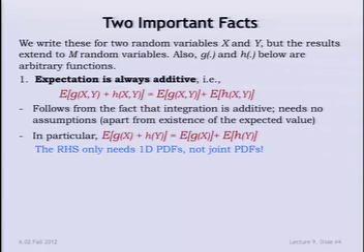Now, the particular use we make of it is for a sum of this kind, where one of the functions is a function of just one of the random variables. The other function is a function of just the other random variable. And so if you apply the result up there, you get a sum of two expectations. And the nice thing now is that each of these is just a 1D expectation. So we never have to deal with joint PDFs, joint distributions, multiple integrals, and so on.